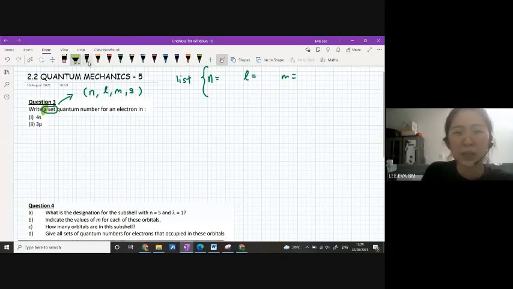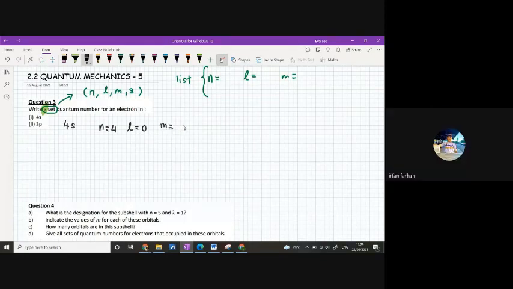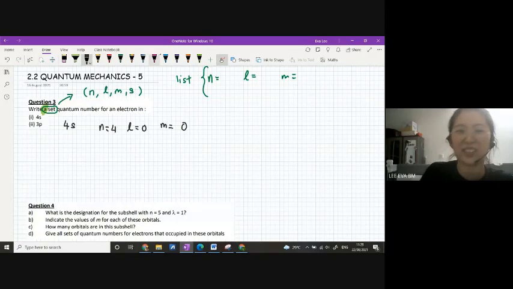Okay, so let's look at this one. If we have 4s, we list out first, n equals to 4, l equals to 0. Possible value of m adalah 0, kosong. Okay, so to put it inside the bracket: value of n 4, value of L 0, value of M 0, and the last one represent the spin.